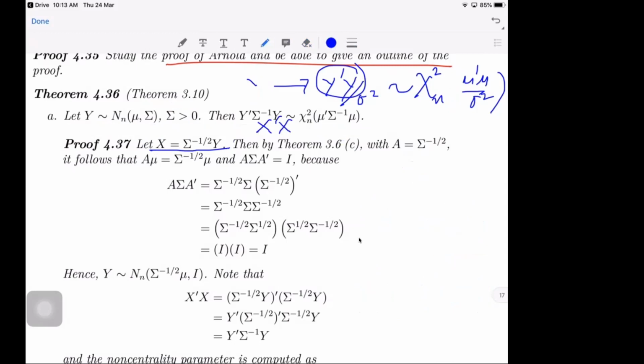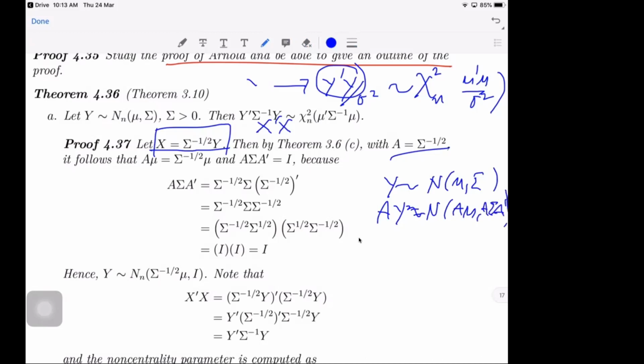So in this particular labeling, A there is the matrix, right? Y has mean mu and sigma, so you are looking for A y, that is A mu, then A sigma A prime, no?